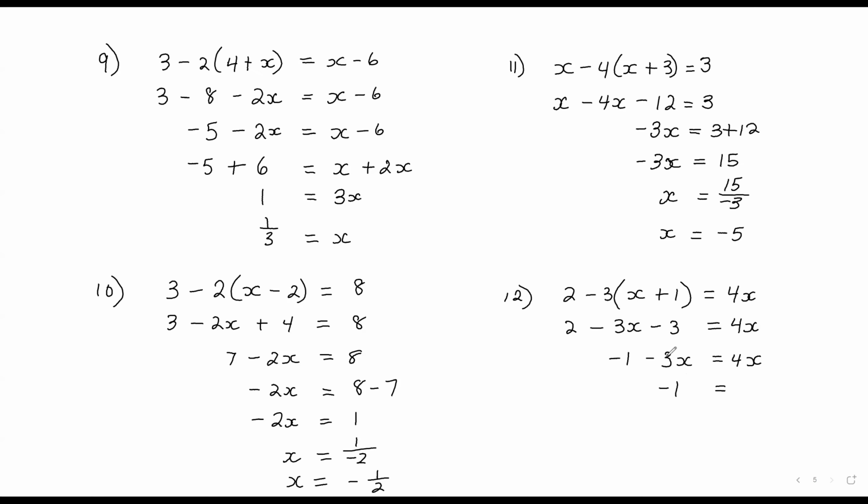What would happen when I carry minus 3x to the other side of the equation? It will become positive 3x. So it'll be 4x plus 3x. Okay, so what would the next line be? -1 is equal to 7x. Good. So if -1 is equal to 7x, then x will be -1 divided by 7. Wonderful. So this will just be -1/7.